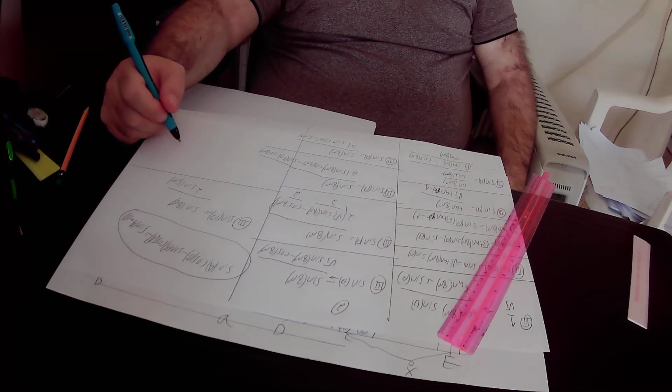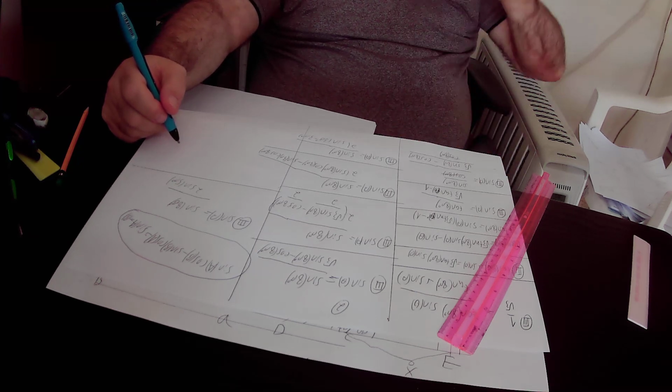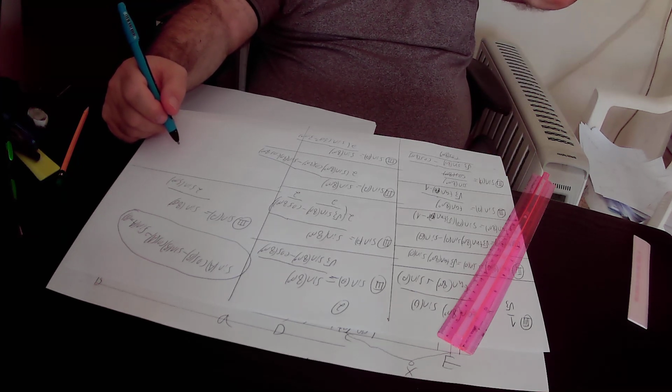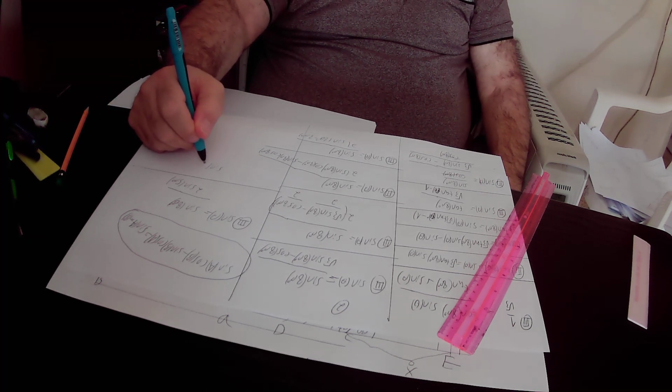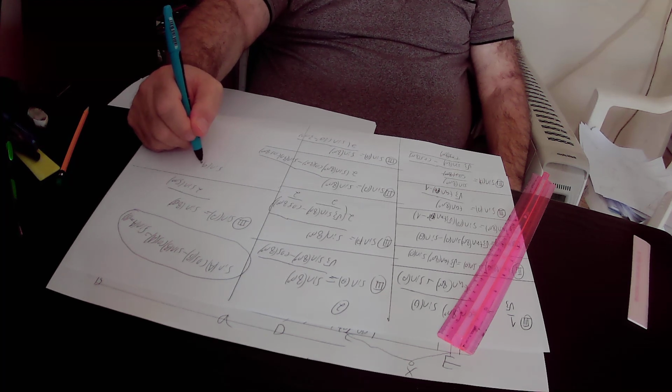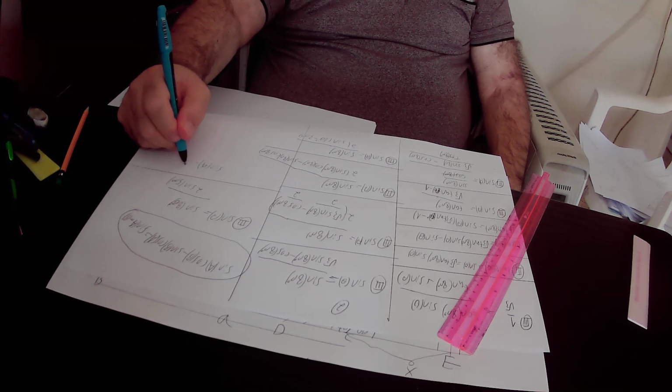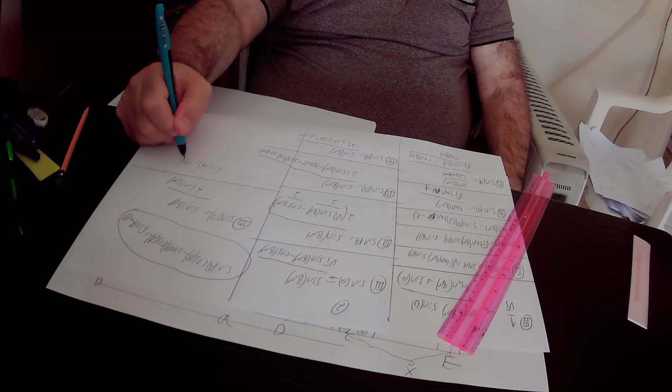We'll use the trigonometric identity that states that sine alpha equals cosine 90 degrees minus alpha.